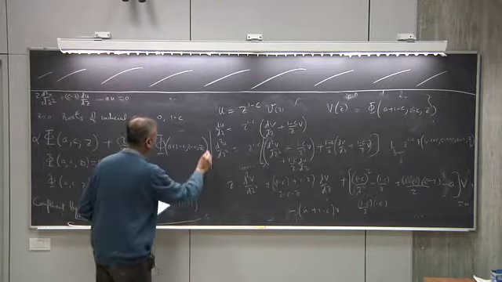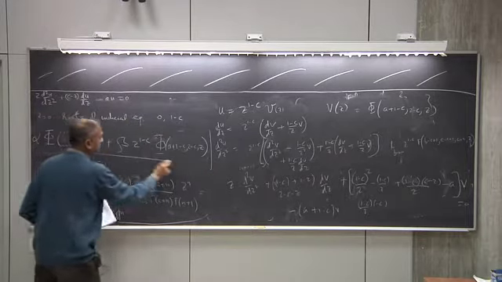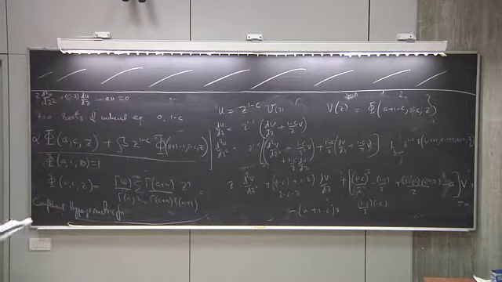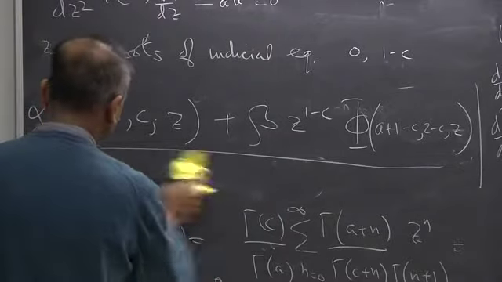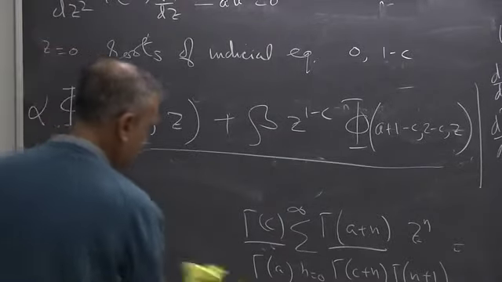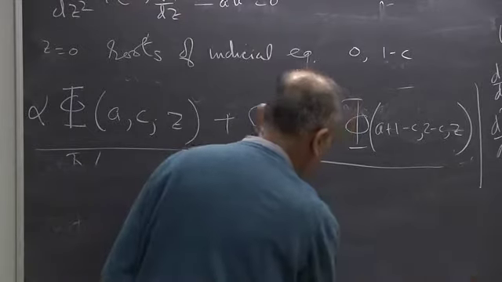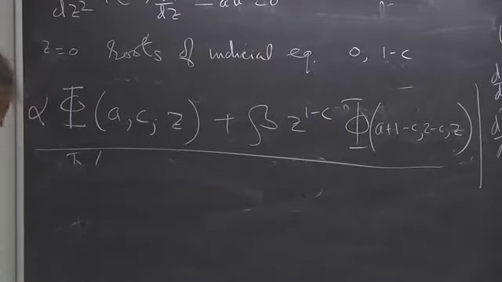So this is the most general solution. These two are linearly independent solutions, and that's the most general. But the question is now, what is the behavior at infinity? Should I discuss now?